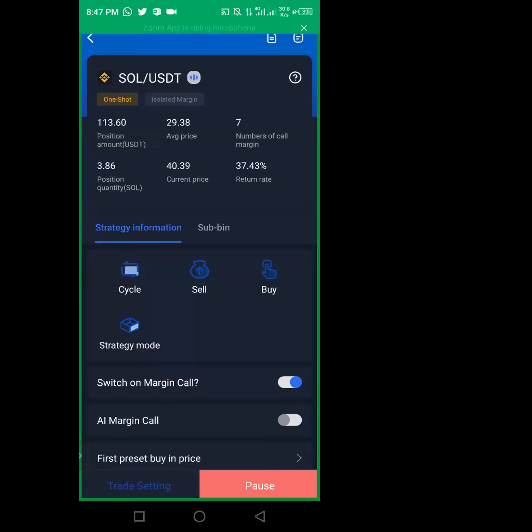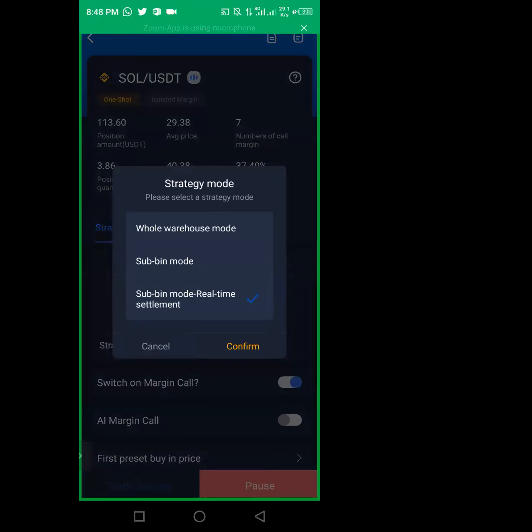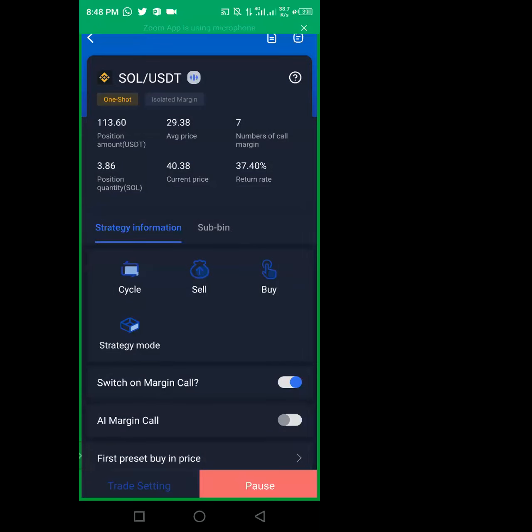Now, if you are trading, we will go to strategy mode. If your strategy mode is on warehouse mode, this first one, and your take profit is 2%, once it goes up and sells, it will calculate the 2% on the position amount USDT, anything that is here.